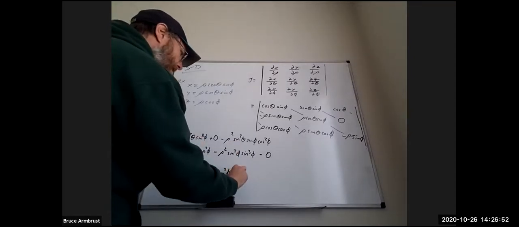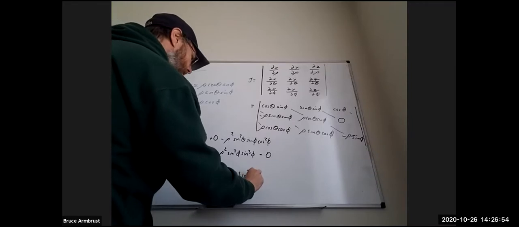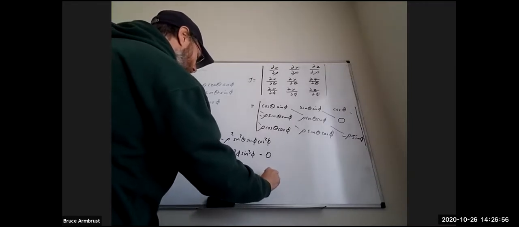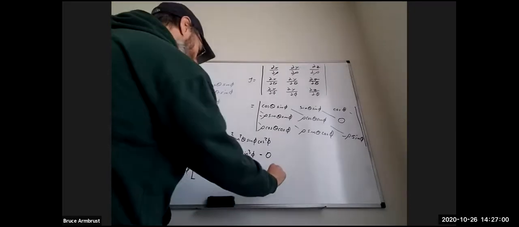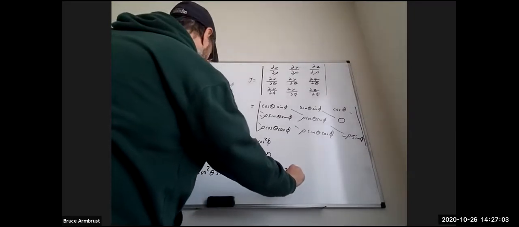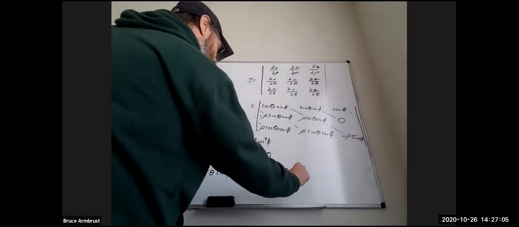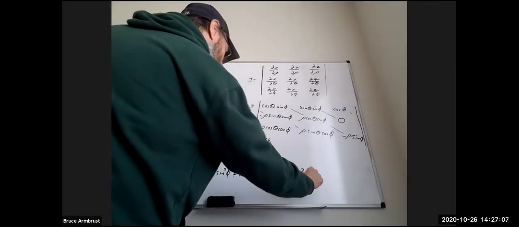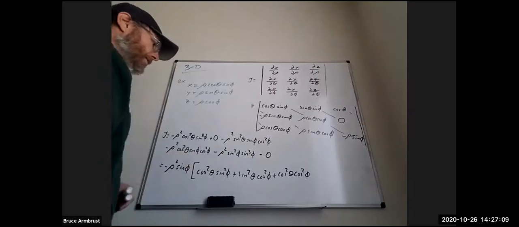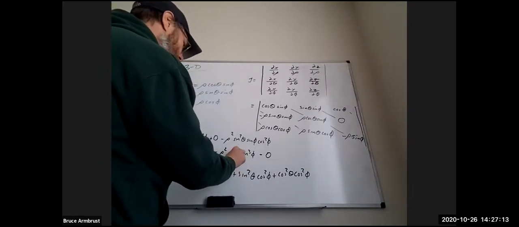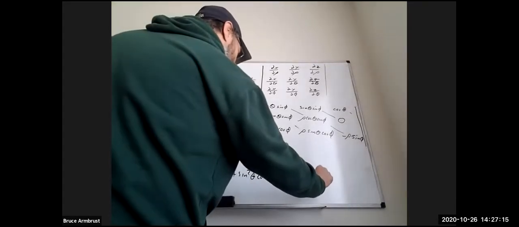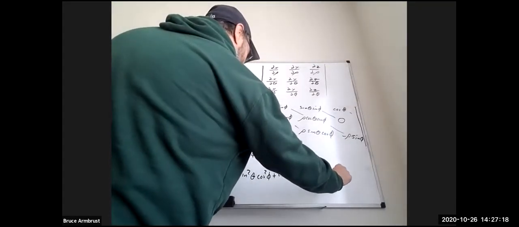This one we're going to get sine squared theta cosine squared phi. This one gives us cosine squared theta cosine squared phi. And then the other one gives us sine squared theta sine squared phi.